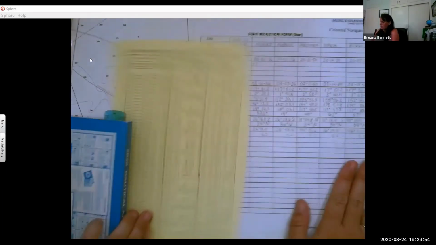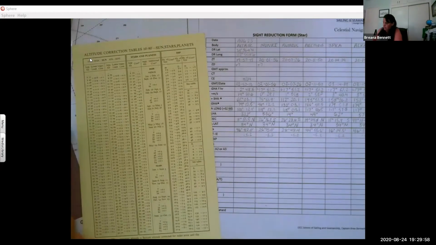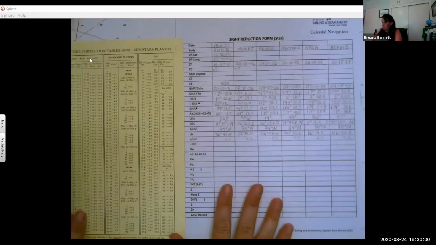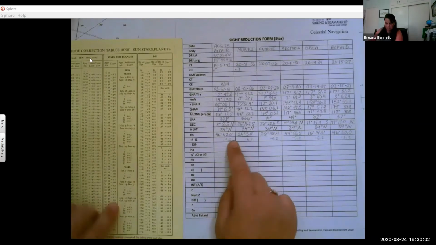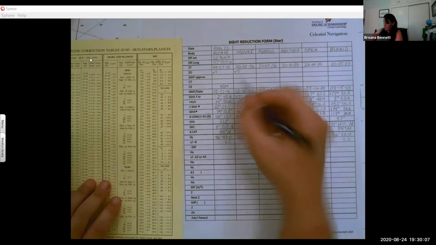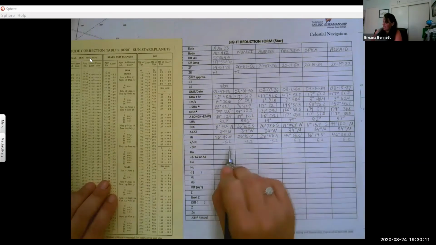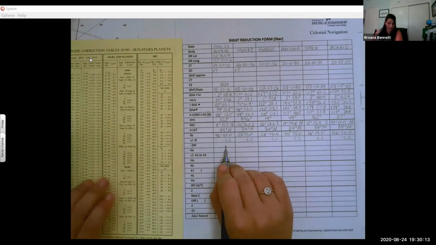So I am using 5.2 as my index error. Again, that was just kind of average because I came up with these from a lot of different students. My dip, remember it was -5.